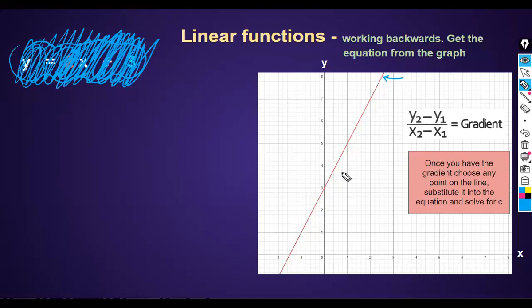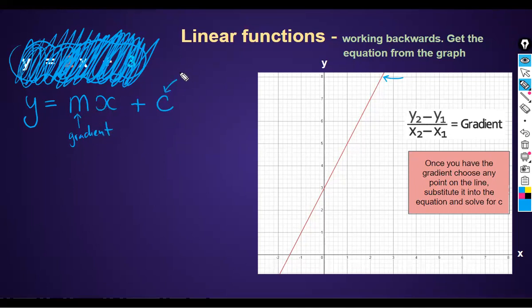Well, we look at this and say, hey, it's a straight line. That's our first tip-off. All straight lines have this general look: y equals mx plus c. That's why this topic is also called y equals mx plus c. M is your gradient, and it will always be touching x.